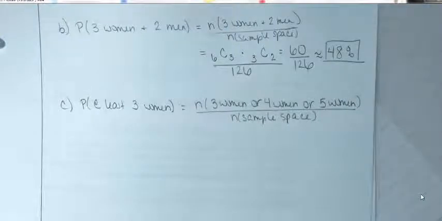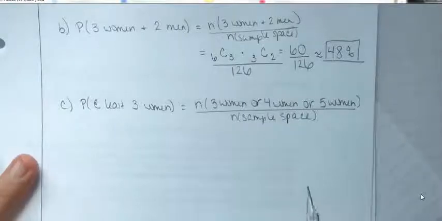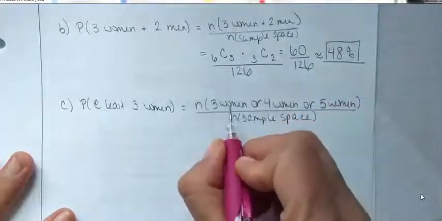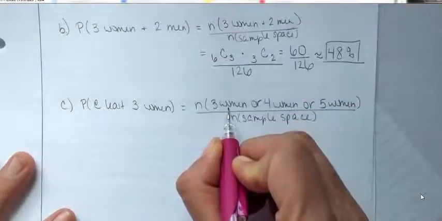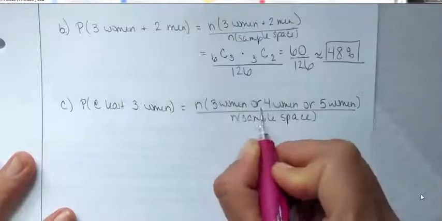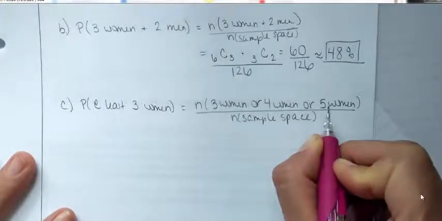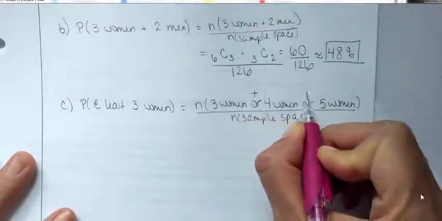Okay, so now I already wrote it down, so you guys were probably like, oh, what are you doing? So when we do the number of 3 women, we're going to add that to the number of 4 women, and then add that to the number of 5 women because we have the or here, right?